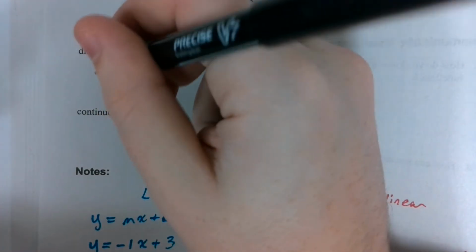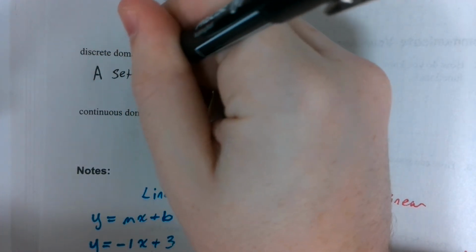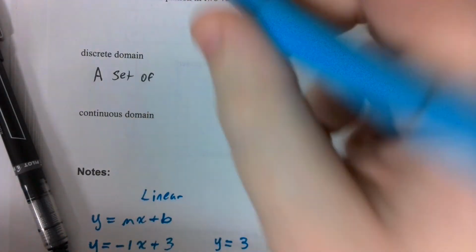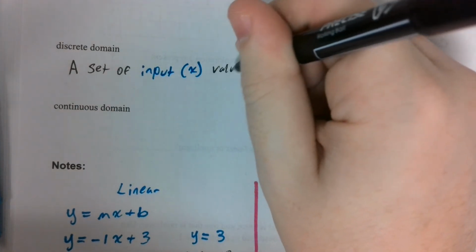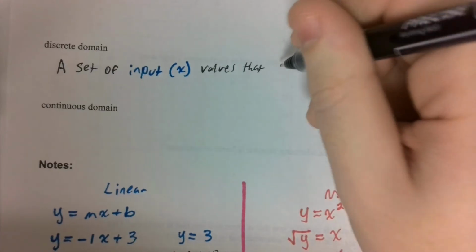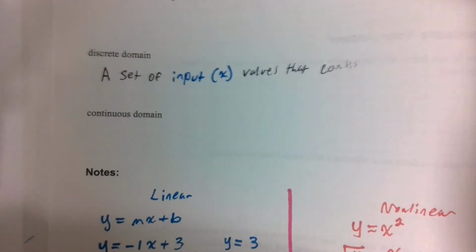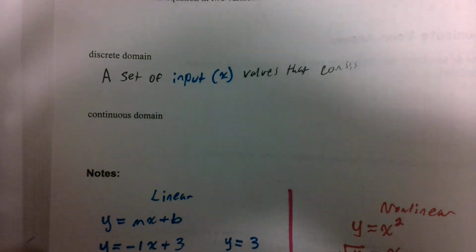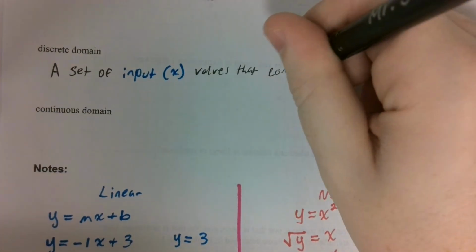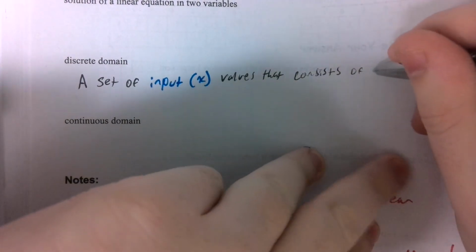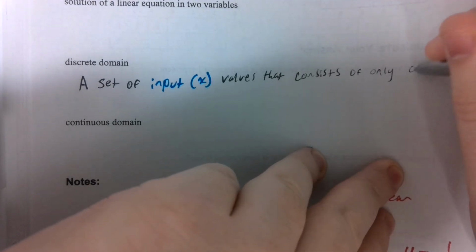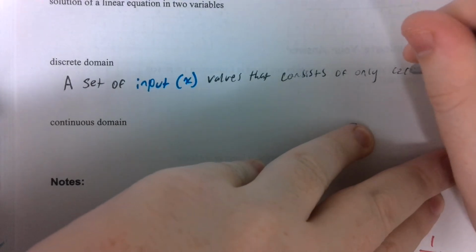A discrete domain is a set of input values, which as a reminder are x values, that consists of only certain numbers.